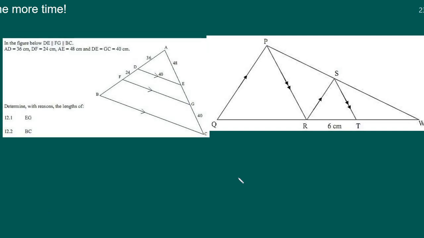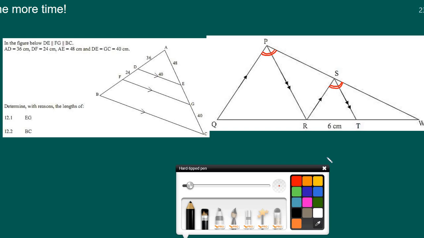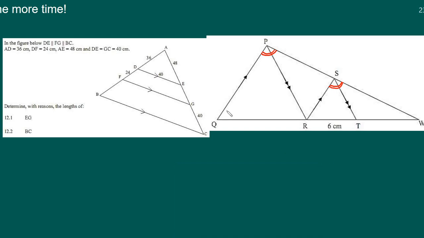You would see that this angle here is equal to that. Why are those angles equal? Can someone quickly tell me the reason? Corresponding angles, and there are more corresponding angles there. Which one and which one?